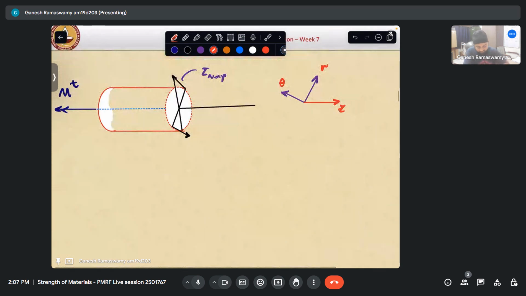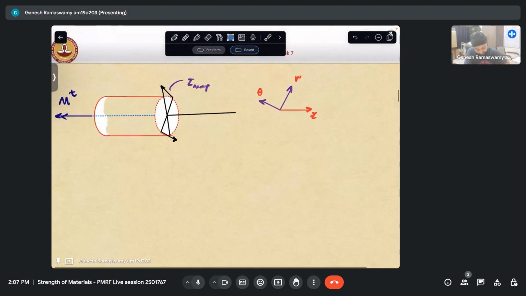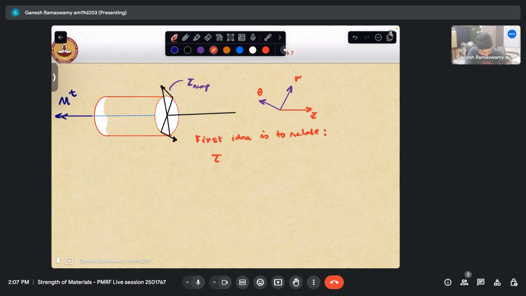All right. Under the action of this torsion, our first idea is to relate tau. This is tau max. At some generic point, this will be some tau, which varies from 0 at the center to the maximum value at the outer edge.